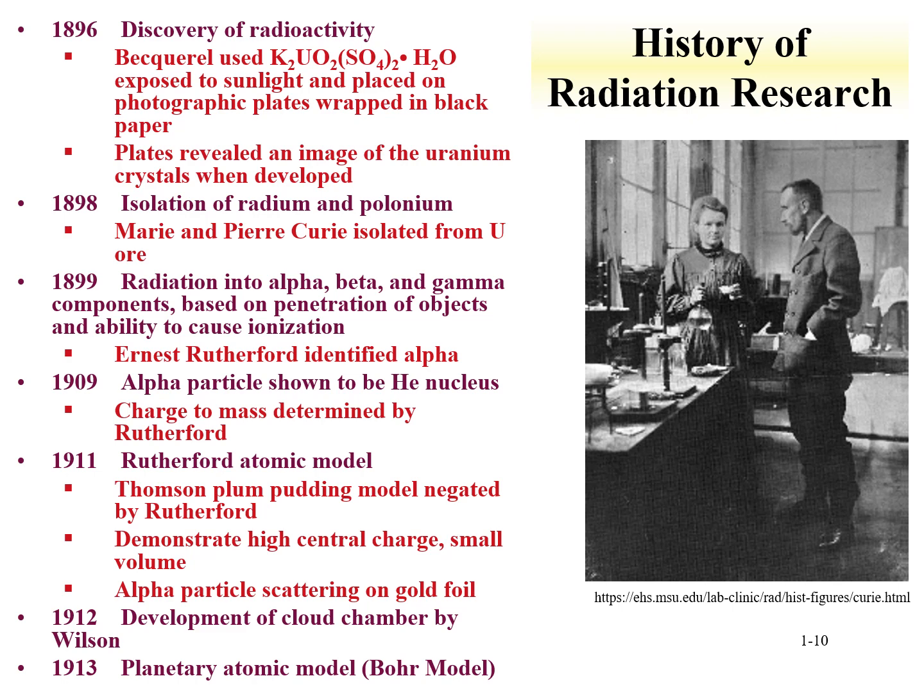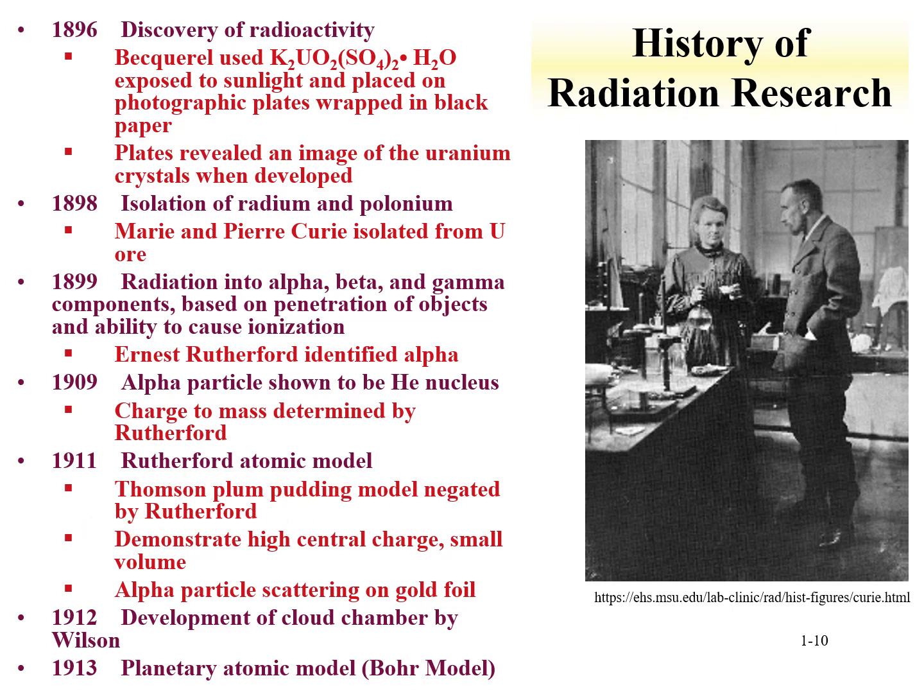1909, the alpha particle was shown by Rutherford to be the helium nucleus. He determined the charge to mass ratio, so we gained more information about the alpha particle. 1911, the Rutherford atomic model. Thomson had a plum pudding model that was negated by Rutherford.